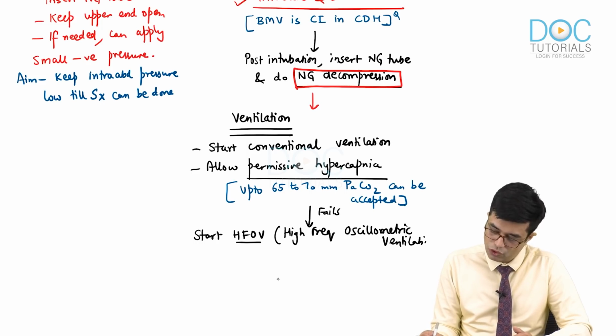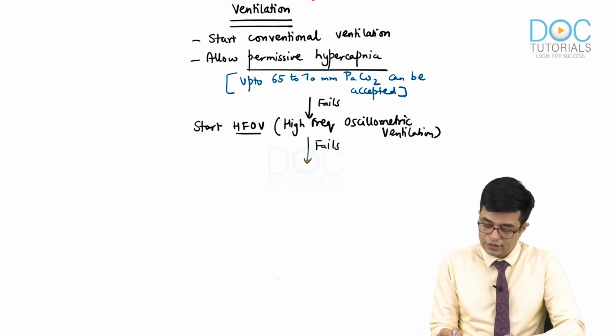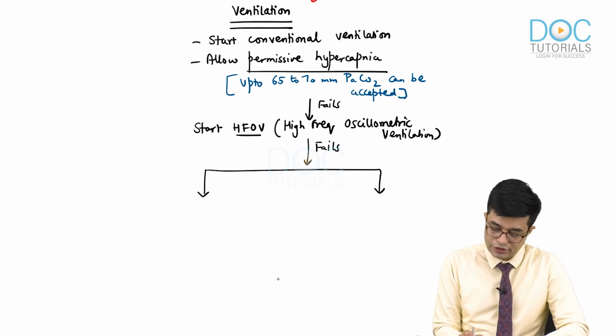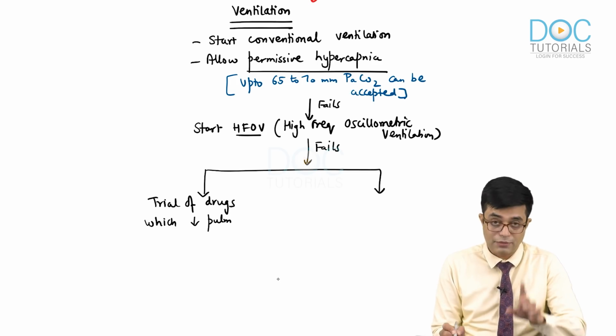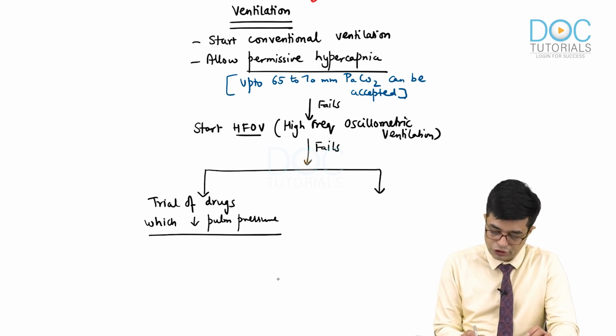And if HFOV also fails, you will give a trial of drugs which decrease the pulmonary pressure, because remember, pulmonary hypertension is also one of the problems. So the drug useful here is inhaled nitric oxide. You will give a trial of this.